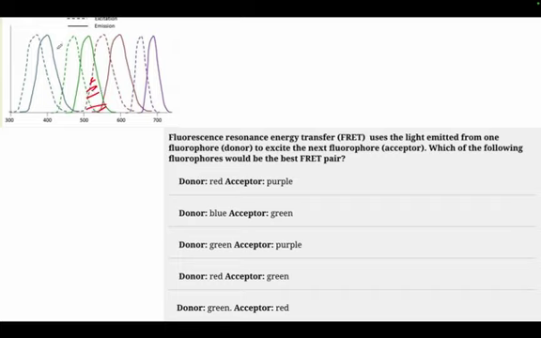So if I excite this green fluorophore, it will emit this light, which will be able to excite the red fluorophore. So this is the most appropriate FRET pair here, because if you look at the other pairs, this is the overlap and this is the overlap with this pair. So this is the best pair. If you have donor green and acceptor red, it can act as a FRET pair.